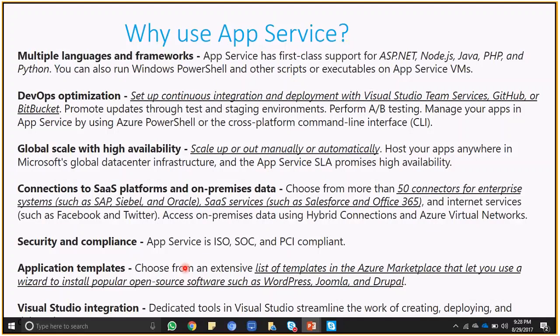And the integration, like how you deploy or develop your applications, how you're going to streamline your complete build pipeline and release pipeline, that also matters, and that's also completely supported by App Service.